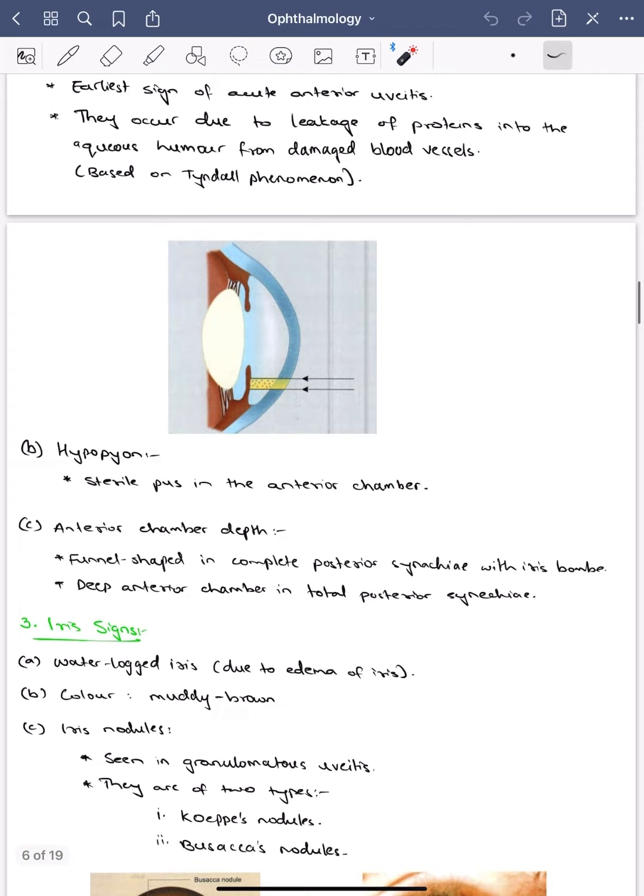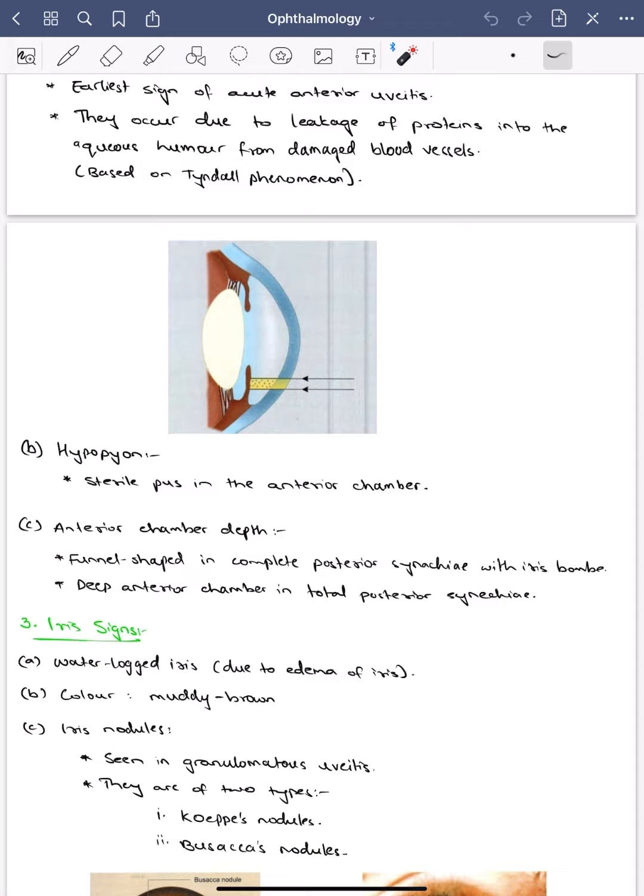The second is hypopyon. Now hypopyon is basically sterile pus in the anterior chamber. Because of the inflammatory process, pus can be seen, and this pus in the anterior chamber is known as hypopyon, and this is a feature of granulomatous uveitis. The third is the anterior chamber depth.